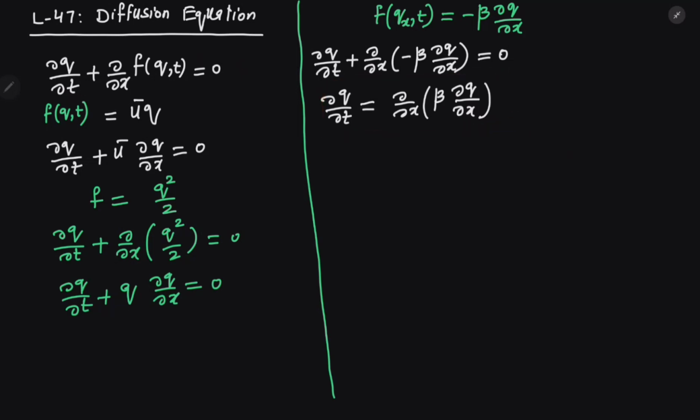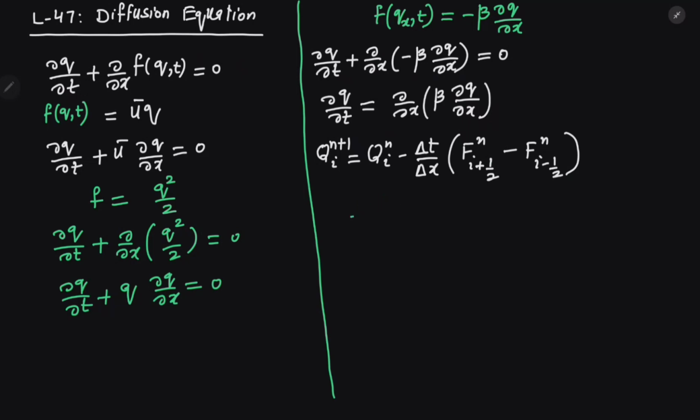We just follow the same procedure as we did earlier, which was like this: q n plus 1 i is equal to q n i minus delta t by delta x times F n i plus 1 half minus F n i minus 1 half, and we know that we have to take the values from the neighbors.